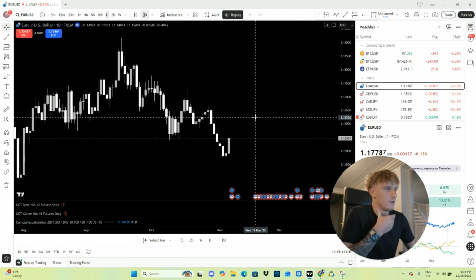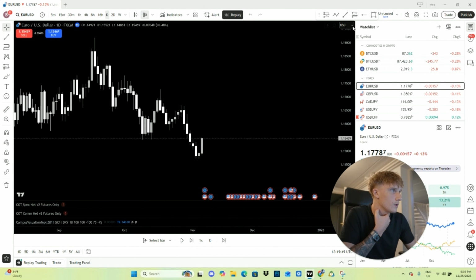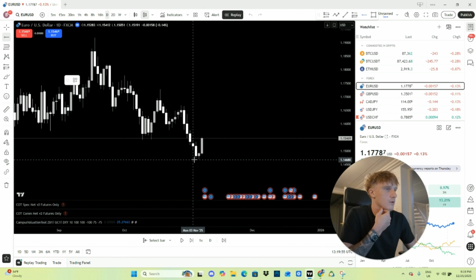Cool. Now, in terms of marking your zones, it's pretty straightforward. What we're going to do is take this horizontal ray tool, which is what I use. You can use whatever you want. But yeah, so first thing we're going to do is mark out the lowest point that price reached within this area, okay?